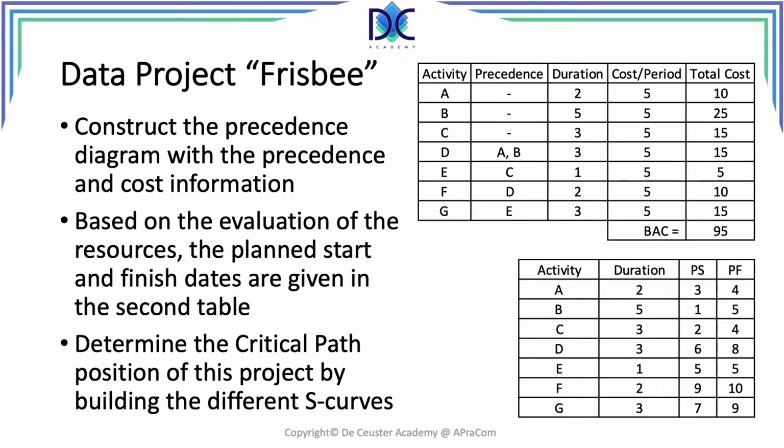And you can create the early start Gantt chart, the late start Gantt chart, and with the planned start and the planned finish, you can create the planned start Gantt chart and budget. So now you can take some time, create a precedence diagram, and you can stop the presentation at this moment and start it again once you finish this exercise.